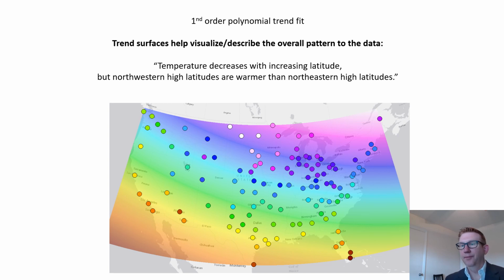Boston is colder, and so the plane that we fit is tilted down in the northeast. So we could summarize this as: temperature decreases with increasing latitude, but northwestern high latitudes are warmer than northeastern high latitudes. Again, we're not so much after a rigid prediction as we are finding an overall pattern in the data and communicating that.